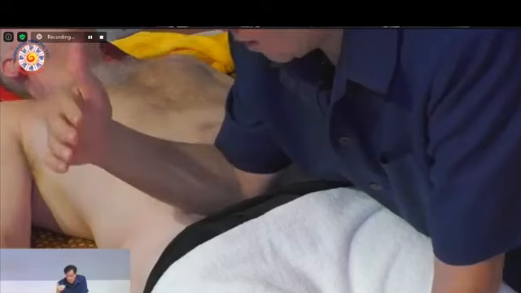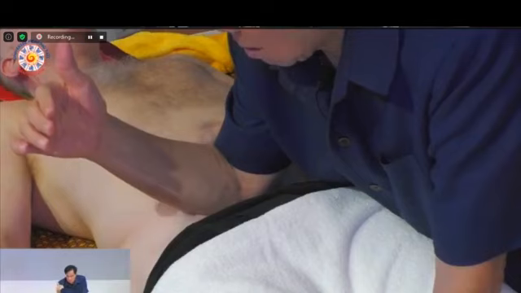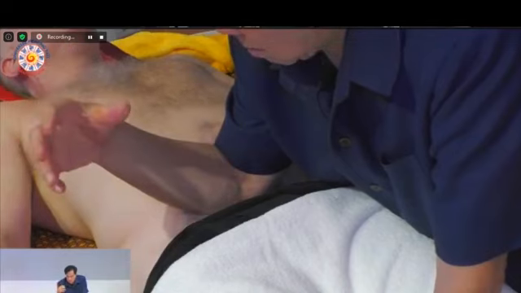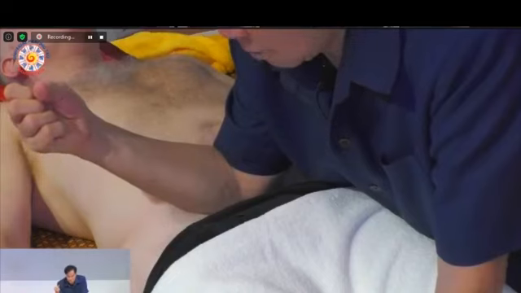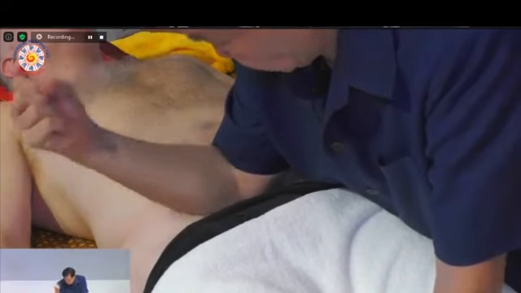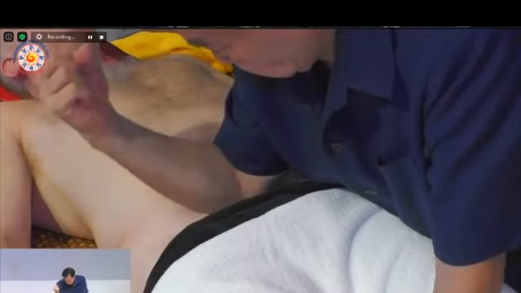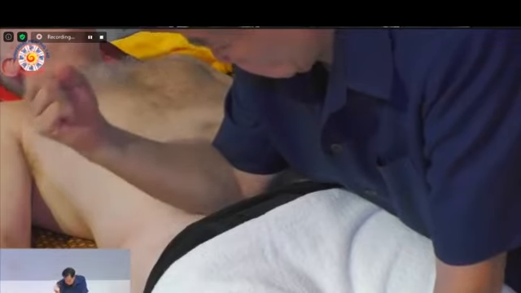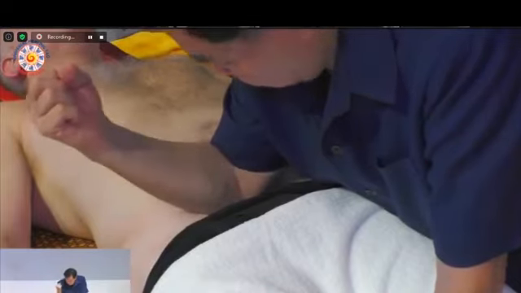Oftentimes the feet, sometimes because we sit too long, so much wind falls into the leg, so the blood doesn't flow very well. And 41.